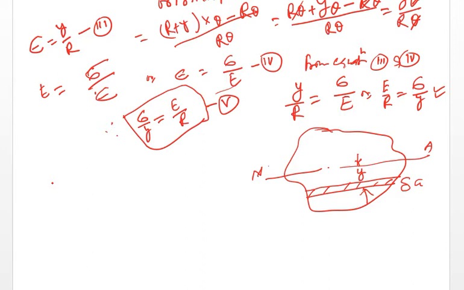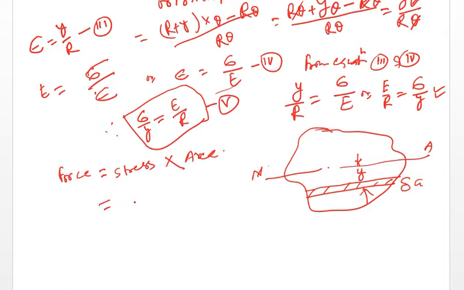Now we know that the force applied on the elementary strip is equal to, what will be the force? Force is equal to stress into area, because stress is equal to load upon area. So force is equal to stress into area. So what is the stress?